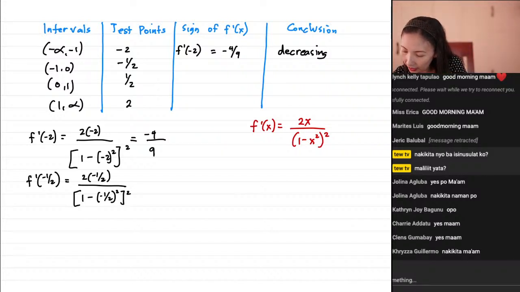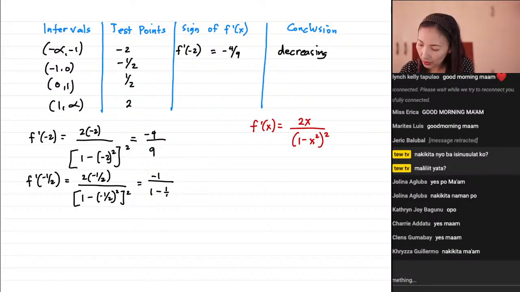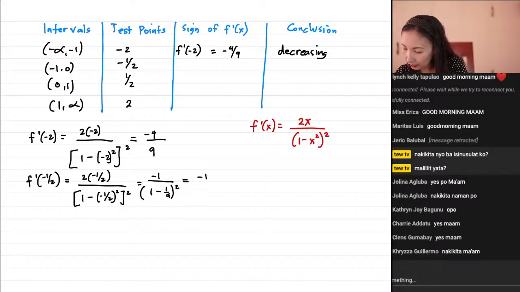Negative 1 all over 1 minus 1/4, which is 3/4, squared.